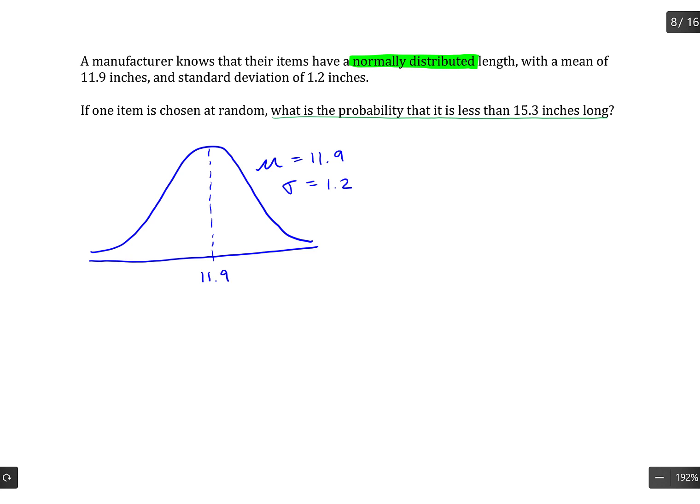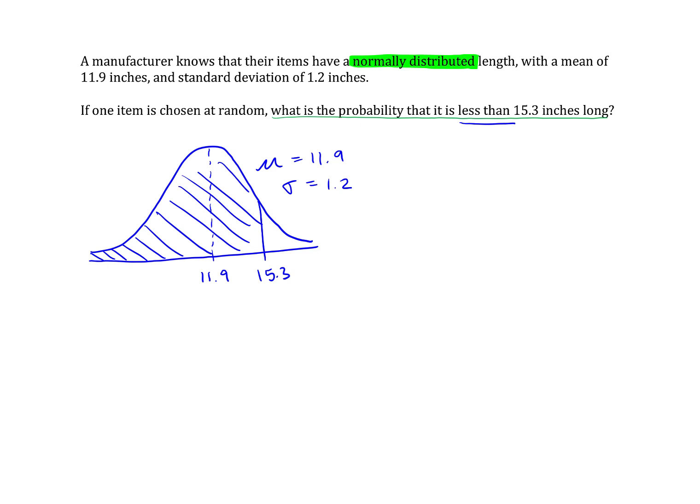So 15.3 is somewhere over here to the right of 11.9. But because we want it to be less than 15.3, we would shade the area under the curve to the left of that value.